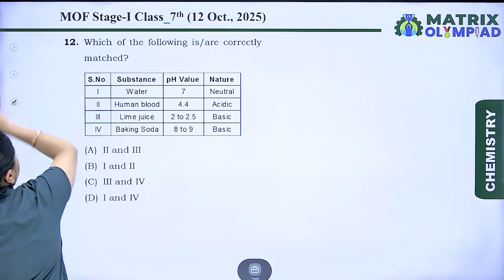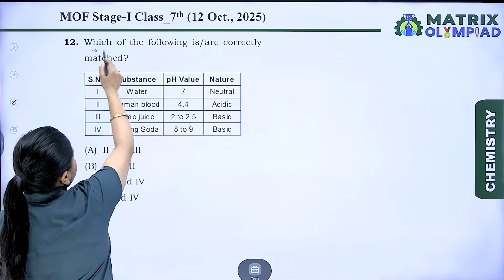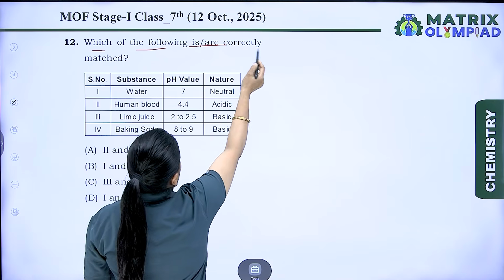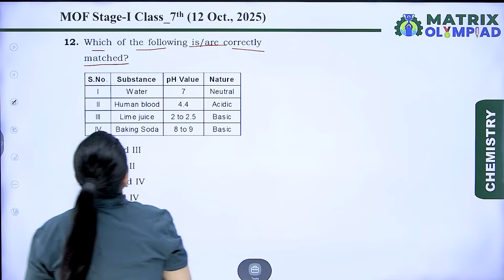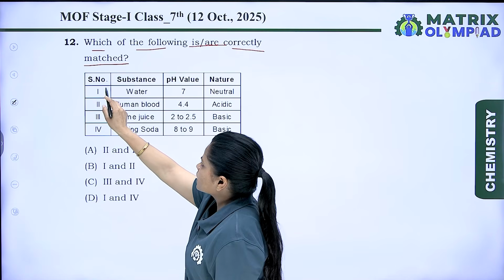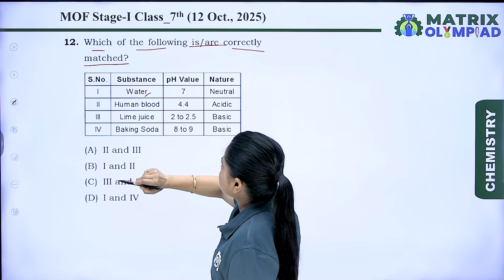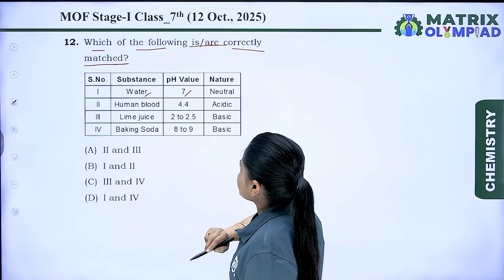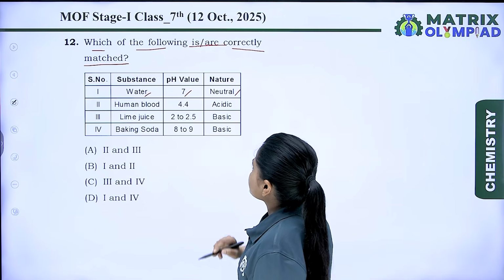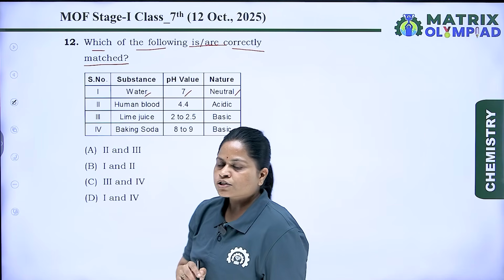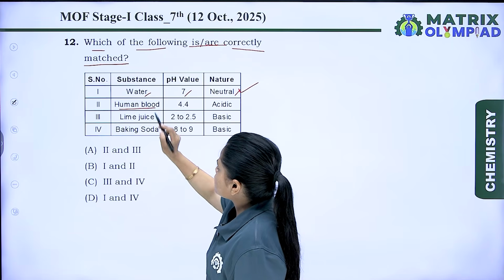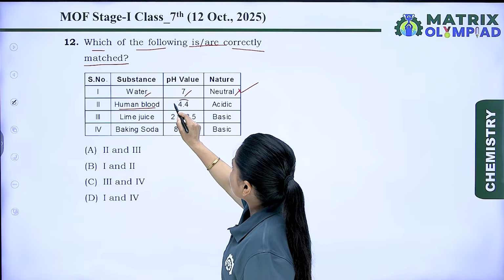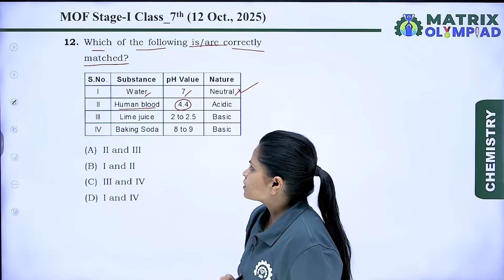Now the next question is, which of the following is/are correctly matched? Now take the table, and here the first substance is water. The pH value given is 7 and the nature is neutral. So this is correct. Substance is human blood and pH value is 4.4.